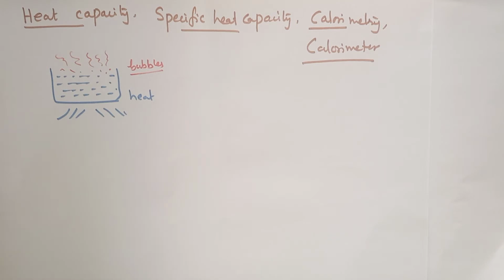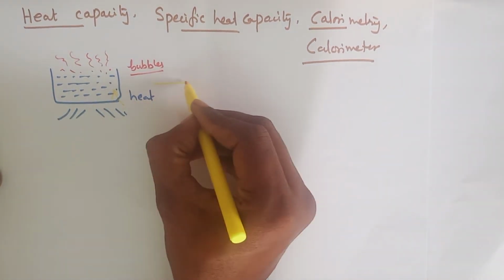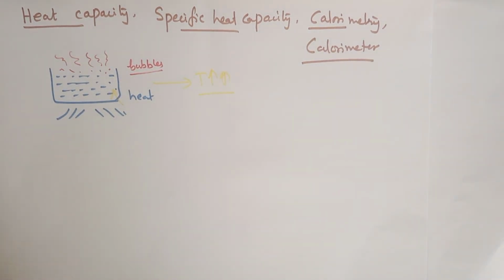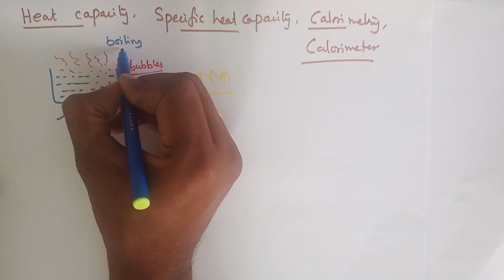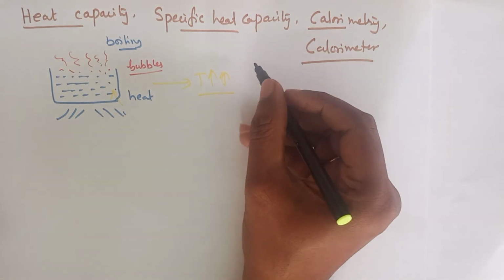Turbulence can appear. Yes or no? Right? Now, as the temperature is increased continuously, the turbulence also increases and it starts boiling. This is about water.